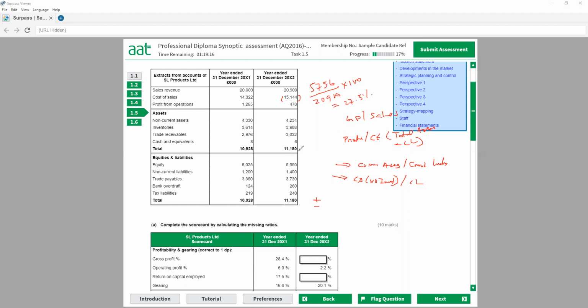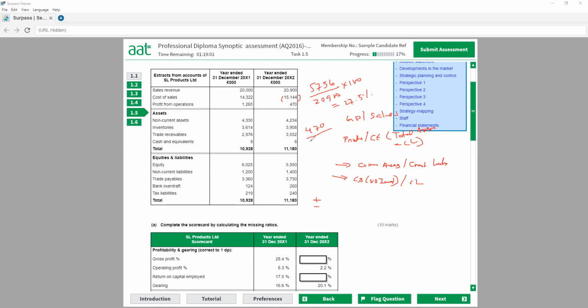The next one, return on capital employed. We have already seen that. So our return is 470, and on the bottom I'm going to write the capital employed. The capital employed means total asset minus current liability.